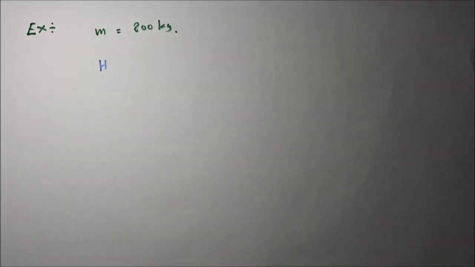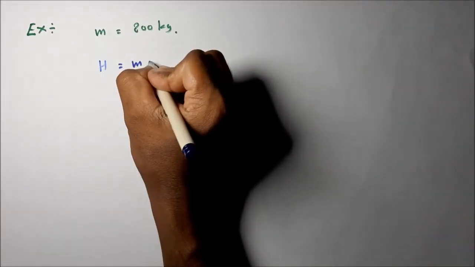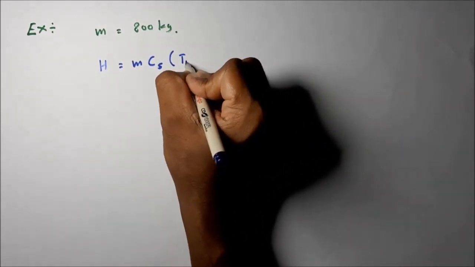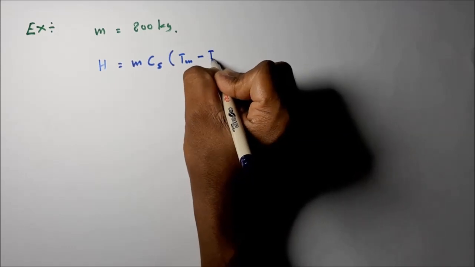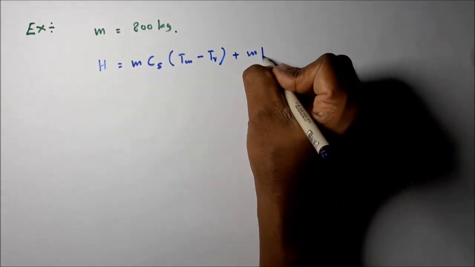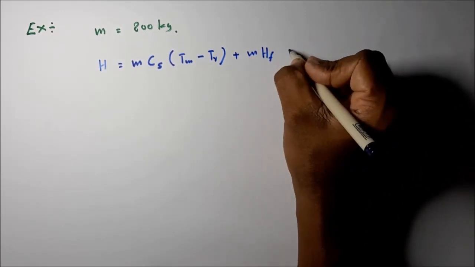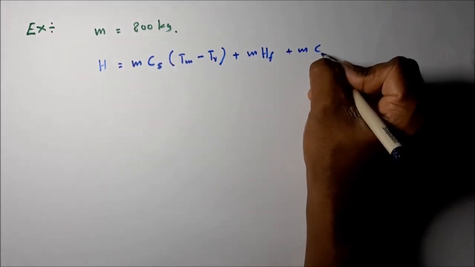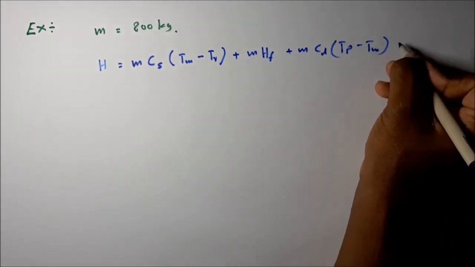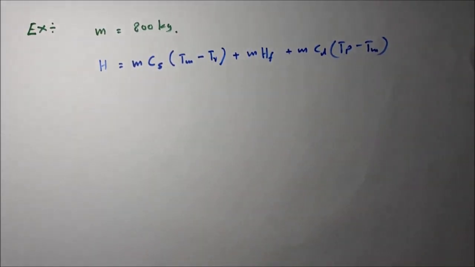H is equal to M Cs (Tm minus Tr) plus M HF plus M Cl (Tp minus Tm) plus heat loss. The heat loss is neglected.